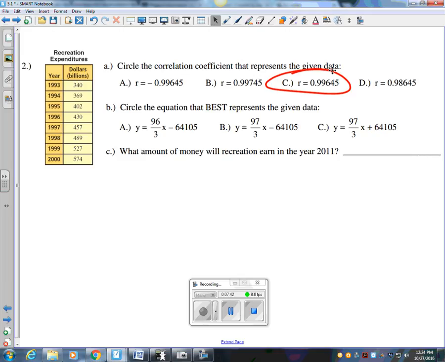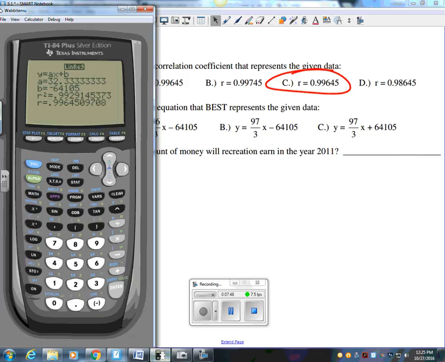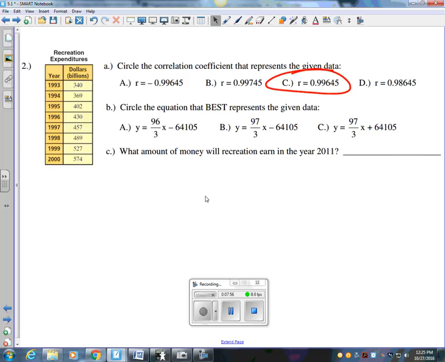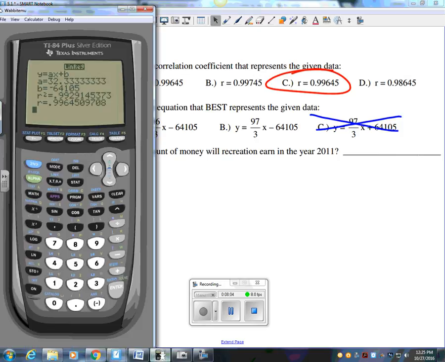All right, B says circle the equation that best represents the given data. Let's first look at the b value. That's going to be the easiest. It's -64105. It's negative, so that rules out C. The calculator always gives you a decimal, and it's giving you 32.3.